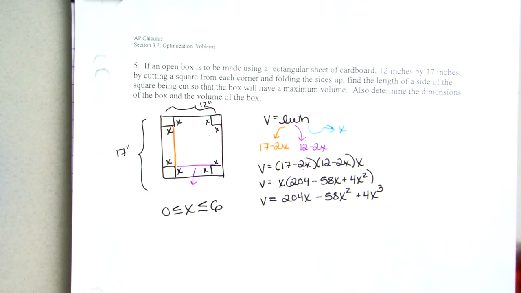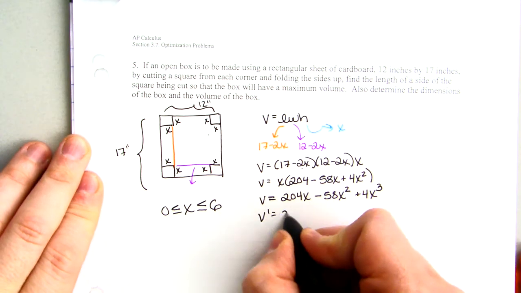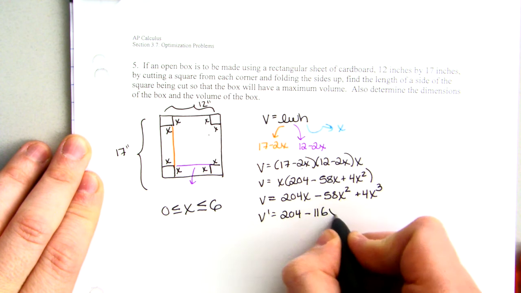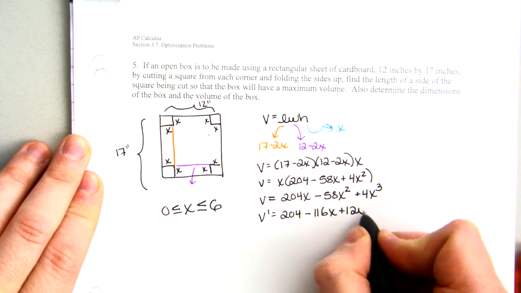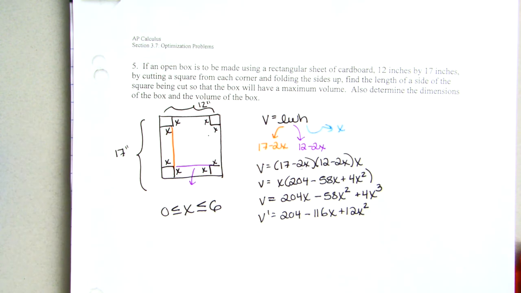Next, find the derivative. Take a moment, get that derivative. V prime is going to equal 204 minus 116x plus 12x squared. It's a quadratic equation that I'm not going to be able to factor.